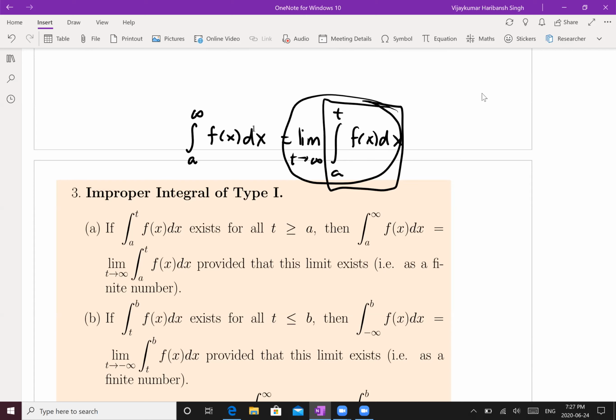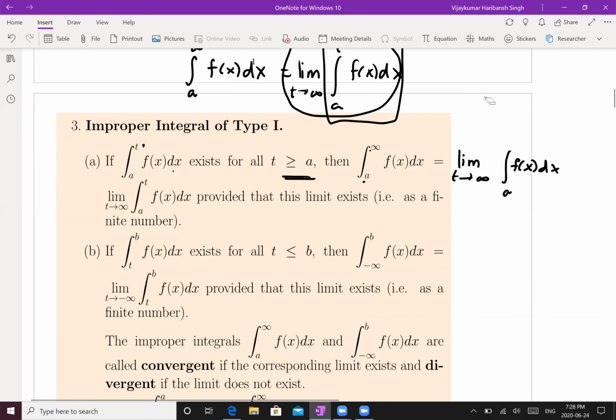If integral a to t of f of x dx exists for every t greater than or equal to a, then we can define integral a to infinity of f of x dx as the limit as t goes to infinity of integral a to t of f of x dx. You're letting t go to infinity.